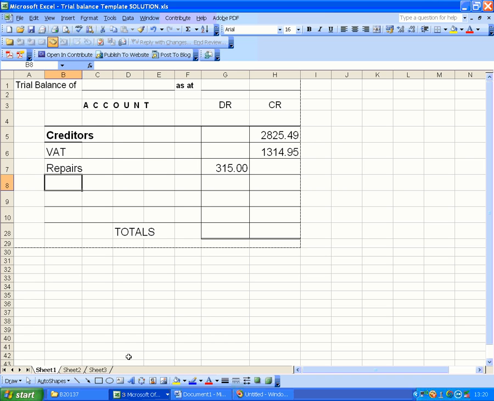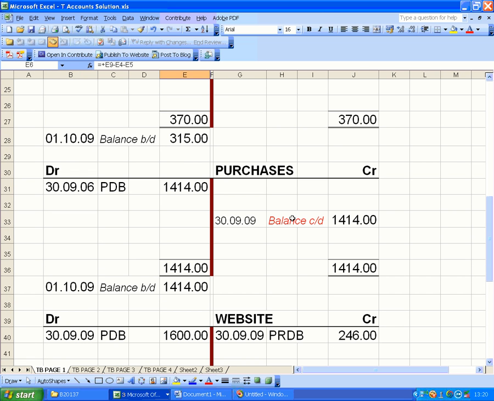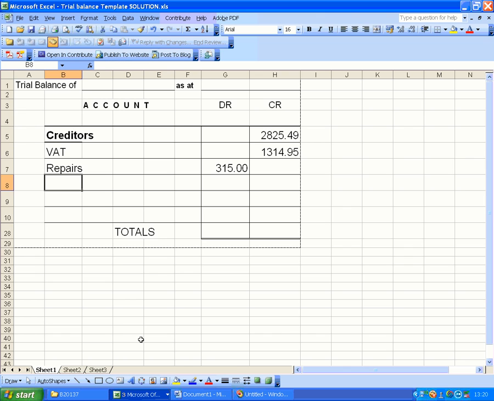The next account, go back to our T accounts, purchases. The balancing figure on this T account is under credit, so therefore, using the duality rule, it will be a debit. So it's purchases, debit 1414.